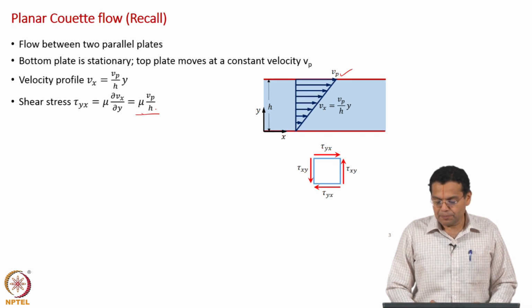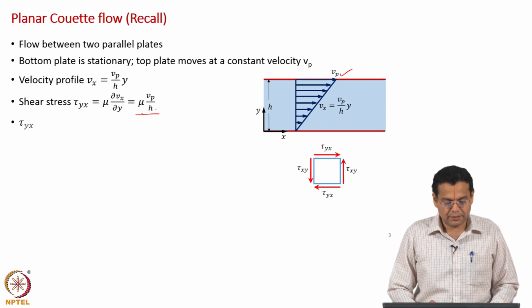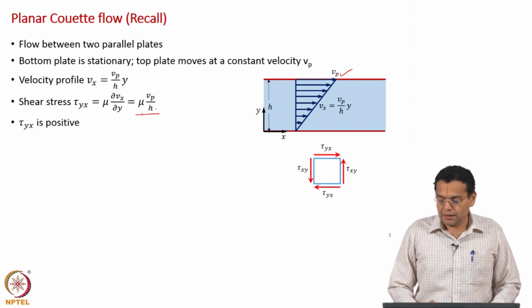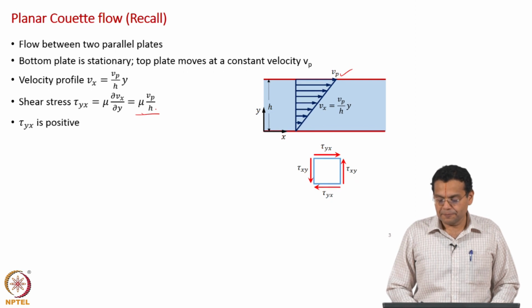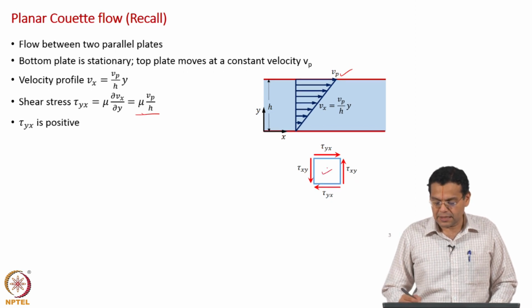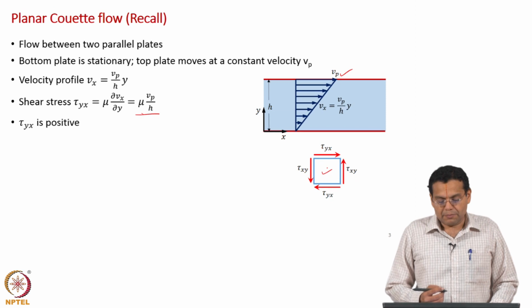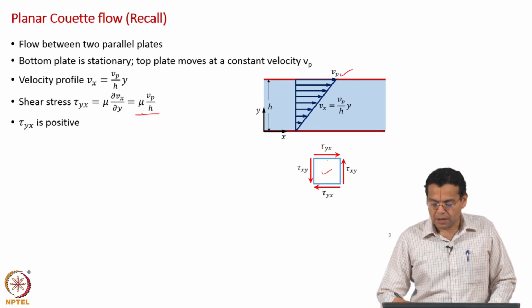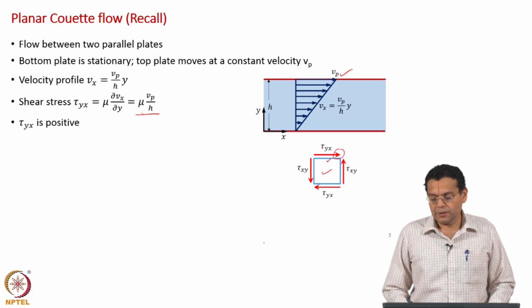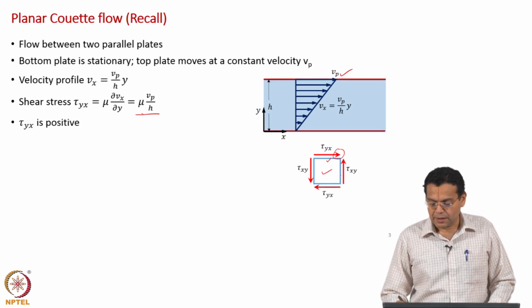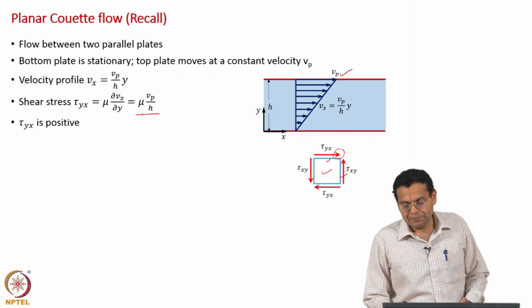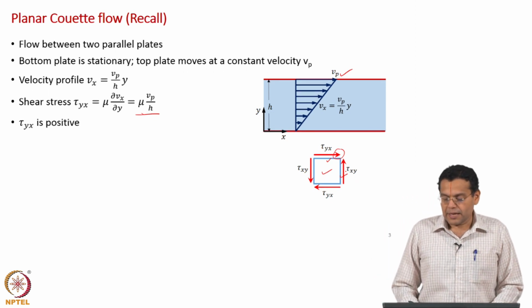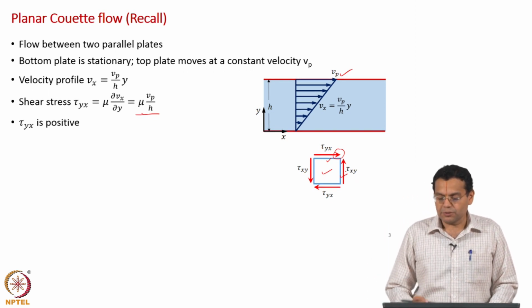Now, that is a positive quantity, and then according to our sign convention this is the stress element. Because it is positive, on a positive face the direction of force is along the positive axis. In this case it is a positive y face and force along positive x axis, and here it is positive x face and force along positive y direction.